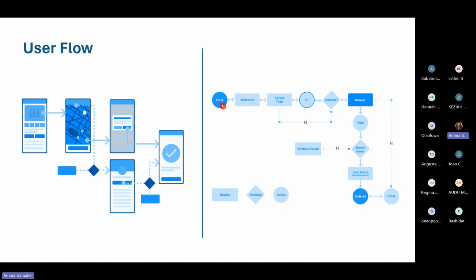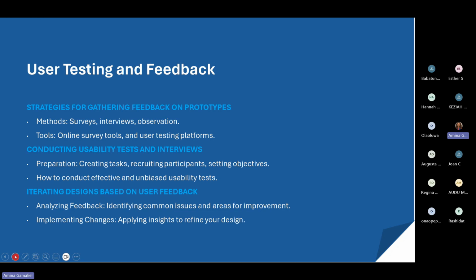You see, it's showing, okay, at entry, you see a welcome screen, you select a task and all that. But this is something you find at the earliest stages of your design process, not when you have created your prototype like the way it's looking here. So we're going to see examples of that, live examples of that in Figma shortly.